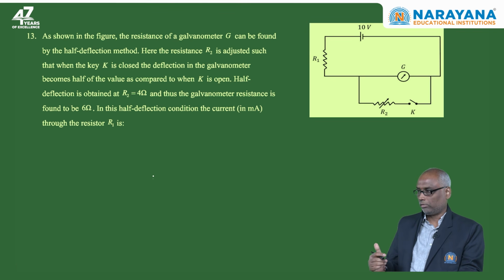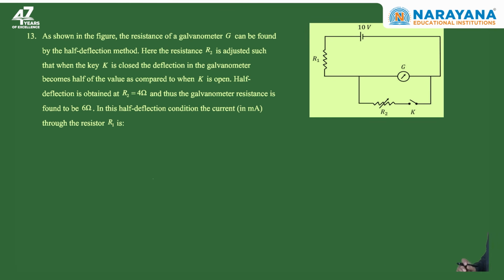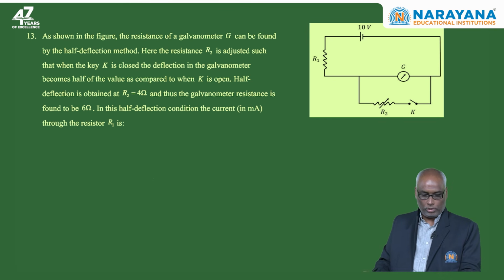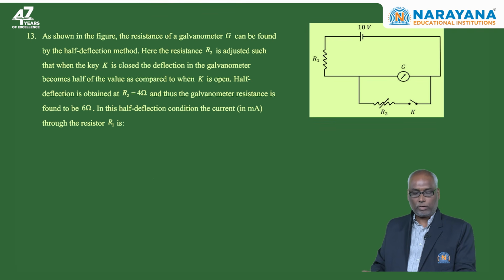So just pause. Here is the arrangement where this method, called the half deflection method, is used to find the resistance of the galvanometer. Here I will consider two different situations. Case 1, when the key K is open, and case 2, when key K is closed.